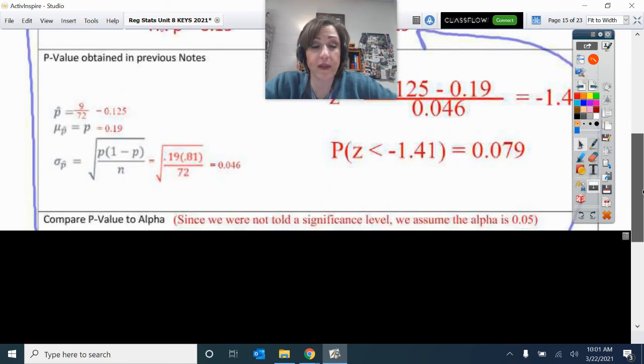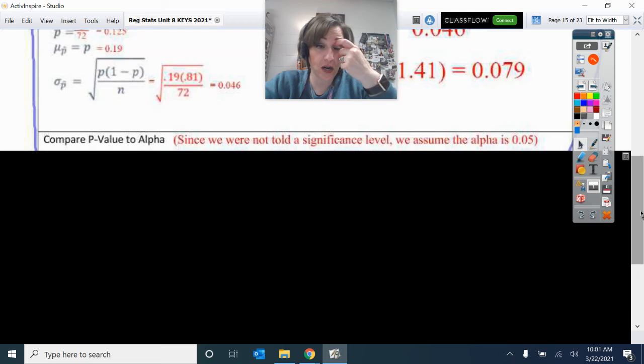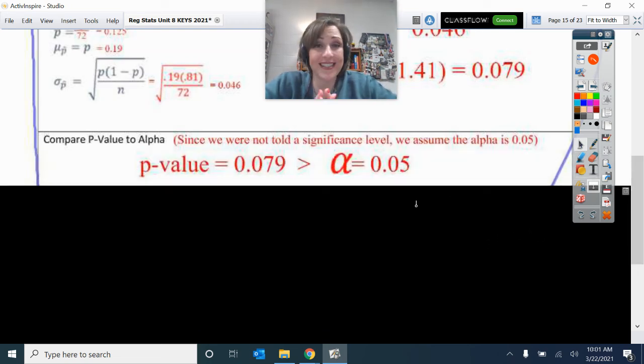So here is how that looks down here when we compare our p-value to alpha. I want this exactly like this, no difference. Do not just put the numbers. You are defining what these numbers represent and comparing them in one line. Must be exactly like this.